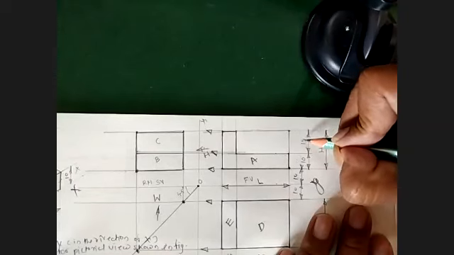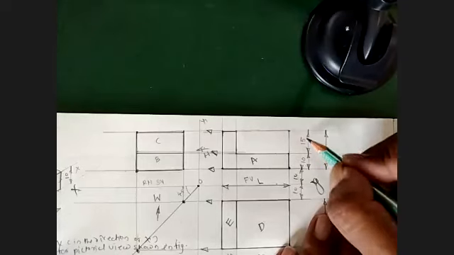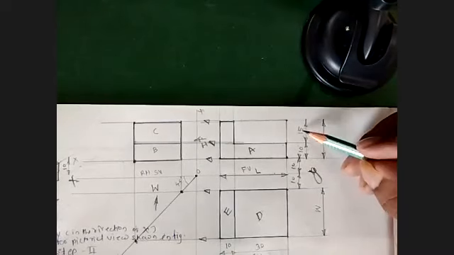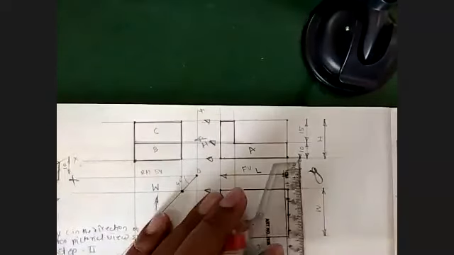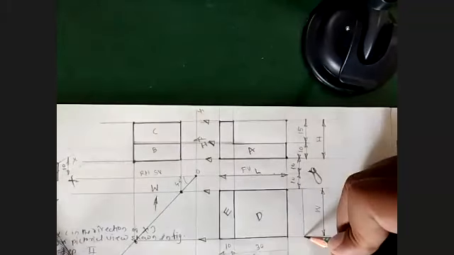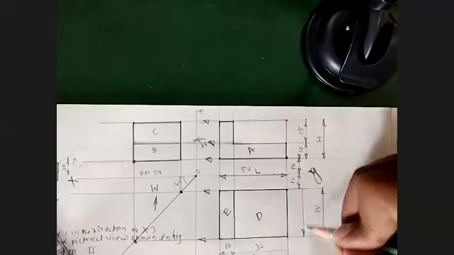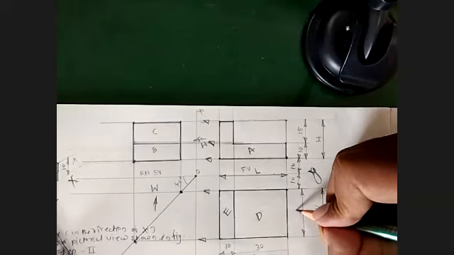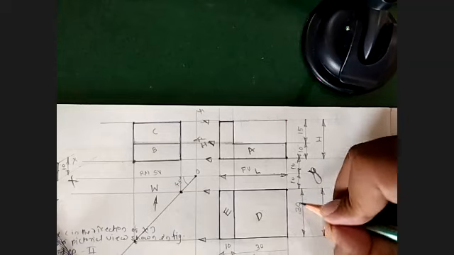I will be writing the digits aligned to the dimension line. See, don't write 15 like this. I will let you know later. 10, 15. Now here the width, this width is 30.